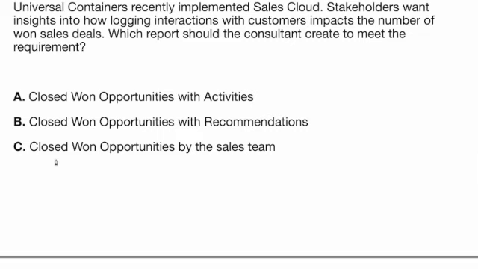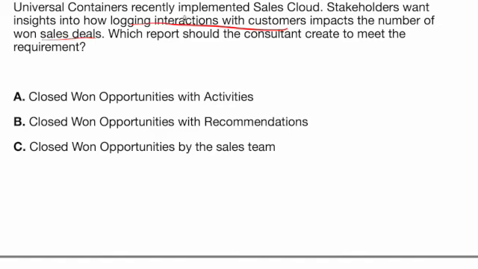So question number 6, Universal Containers recently implemented Sales Cloud. Stakeholders want insights into how logging interactions with customers impacts the number of won sales deals. Which report should the consultant create to meet the requirement? So logging interactions with customers impacts sales deals.